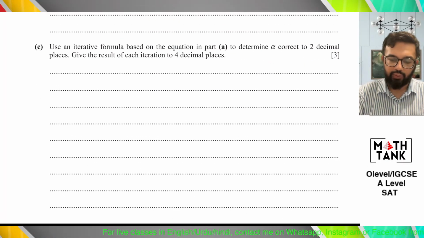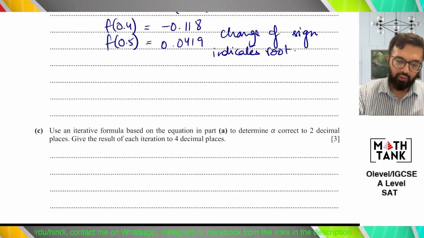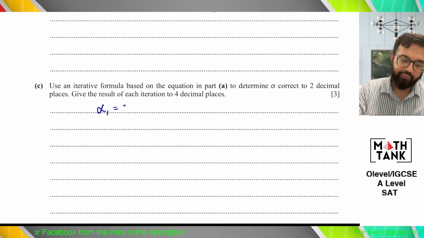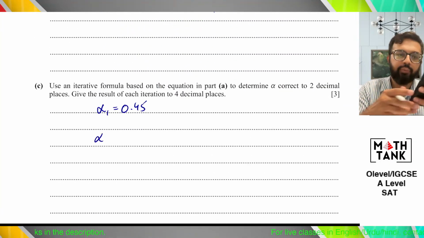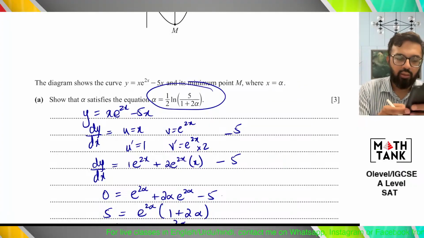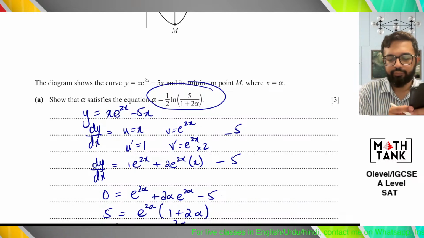Okay, use the iterative process to determine alpha correct to 2 decimal places. तो alpha 1 ले लेते हैं हम 0.45 और हम आइटरेशन करना स्टार्ट करते हैं. ओके, क्या है हमारा आइटरेटिव प्रोसेस, इसमें लिखना है 0.45, हाफ ln 5 over 1 plus 2 into answer. ln.